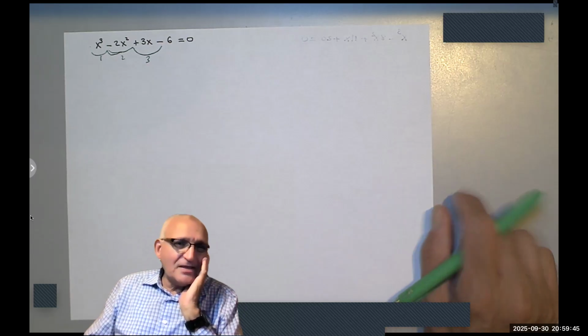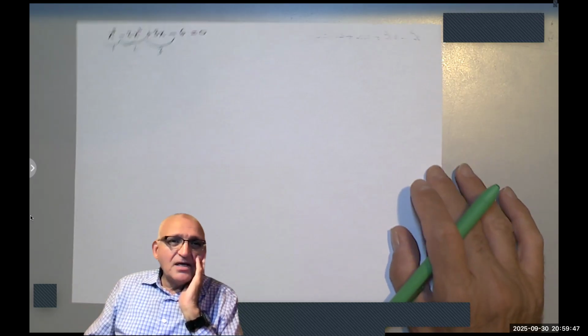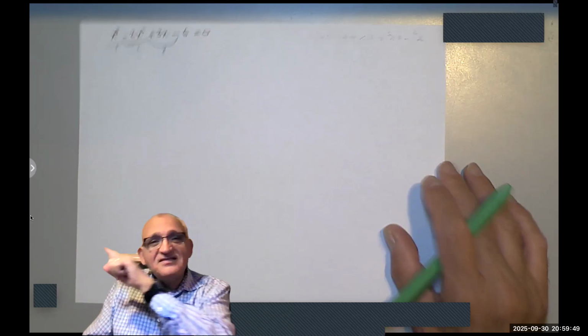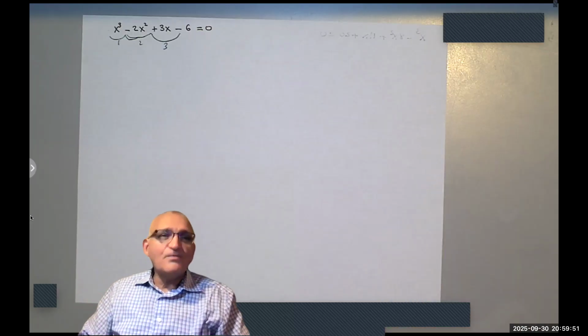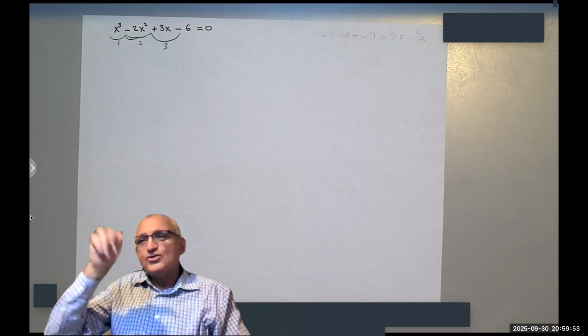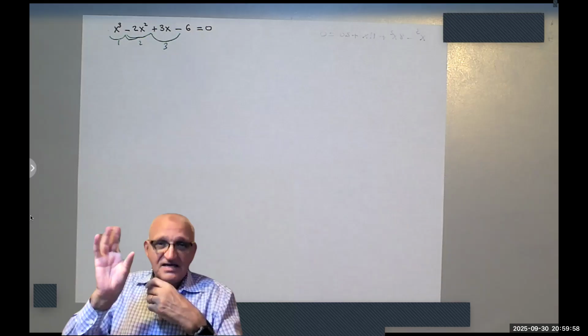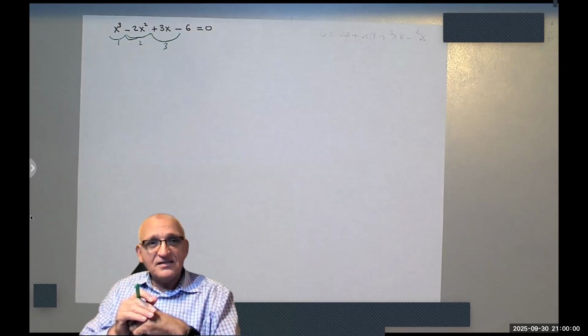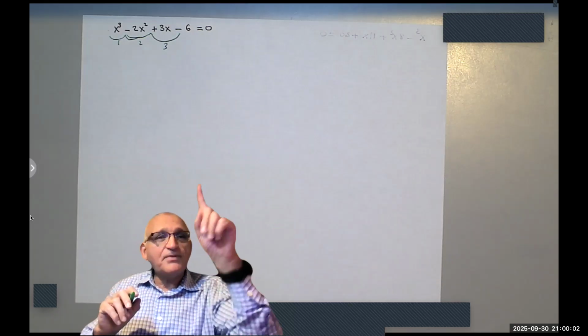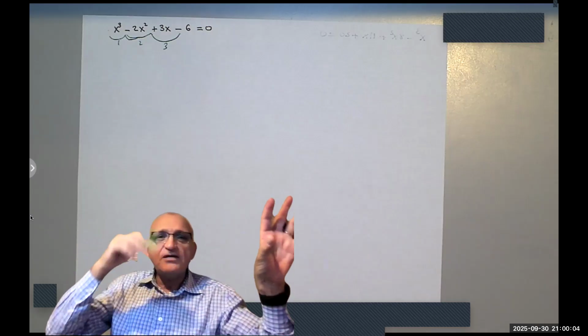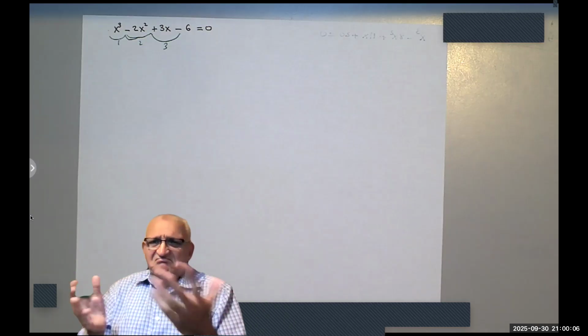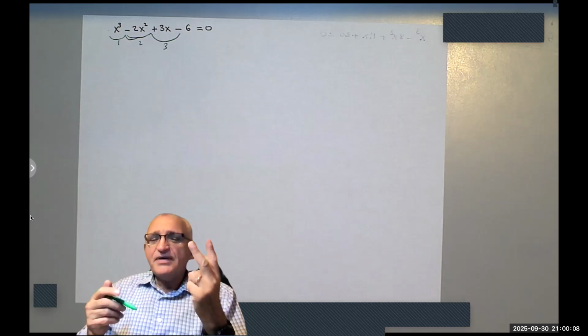I say, no, but no, sir or ma'am. If it's irrational, you get the same thing as the complex. Remember, if you have a square root of 7, for example, as the quantity under the radical, then you will get something plus or minus root 7. So they always come in pairs.